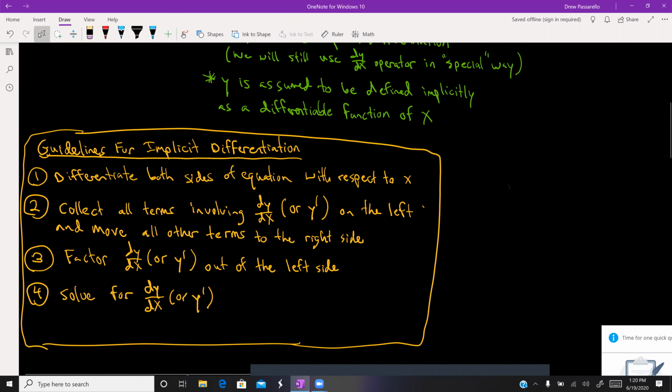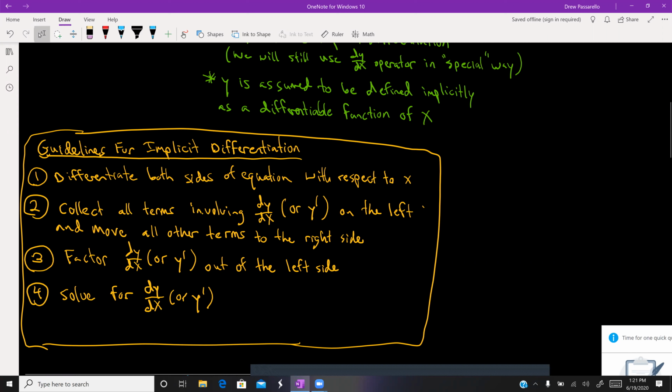All right, before I work out that problem, here are the guidelines for implicit differentiation, which are also written in the textbook. The first step is to differentiate both sides with respect to x, because that's what the dx part means, taking the derivative with respect to x. Then collect all terms involving dy dx, and I put y prime in parentheses. I'll show the problem worked out using dy dx notation, and then from here on out, I will be using y prime instead.